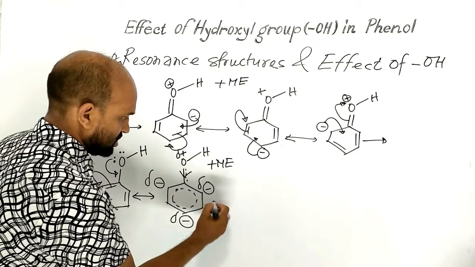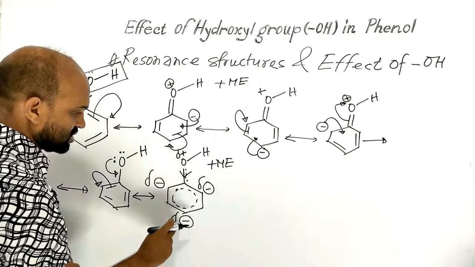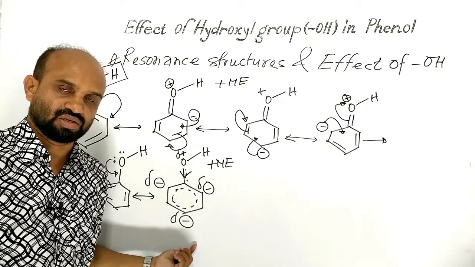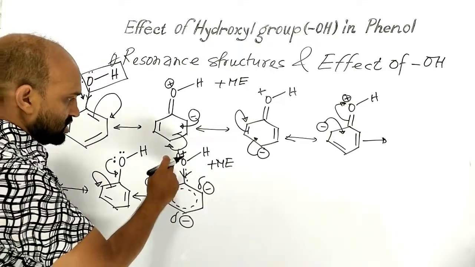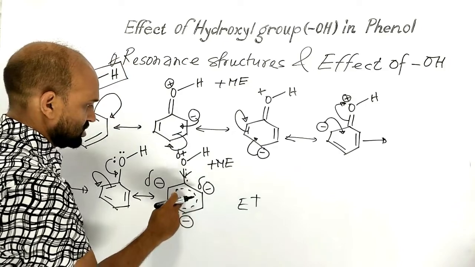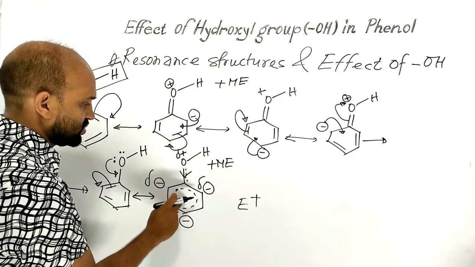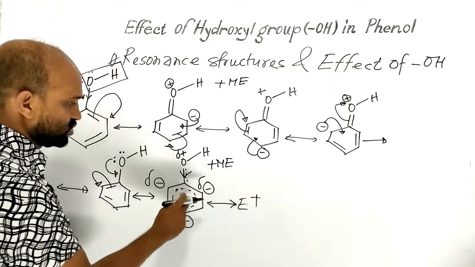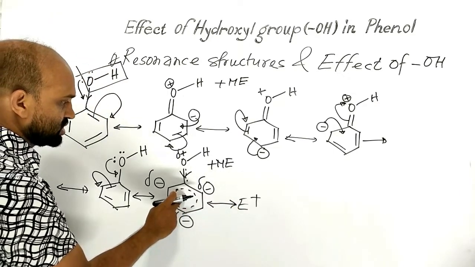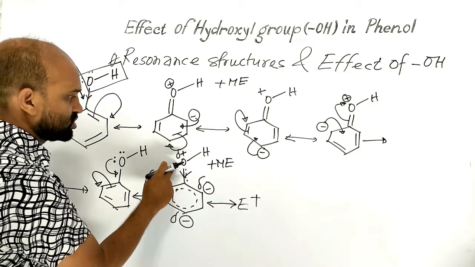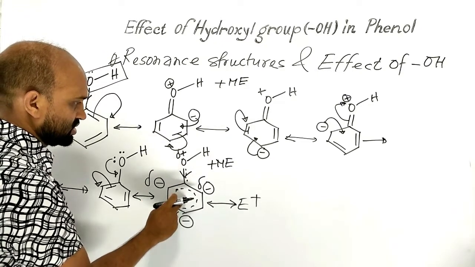That is why ortho positions and para position becomes electronically rich. That is, hydroxyl group increases reactivity of phenyl group towards electrophile through increasing electron density in benzene ring. This is the effect of hydroxyl group on benzene ring.